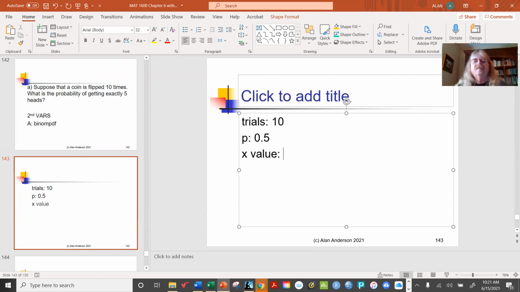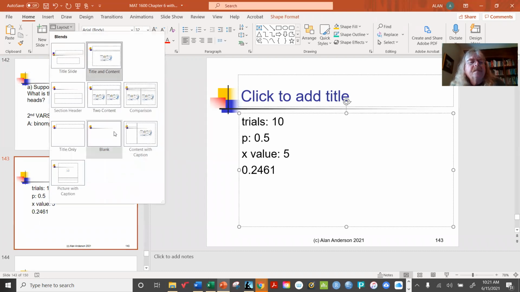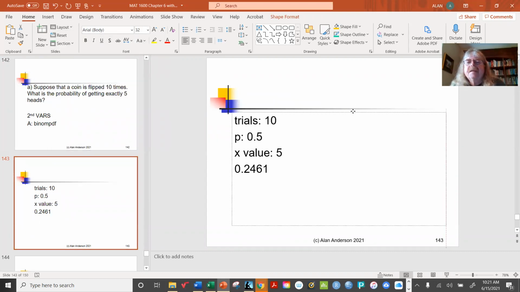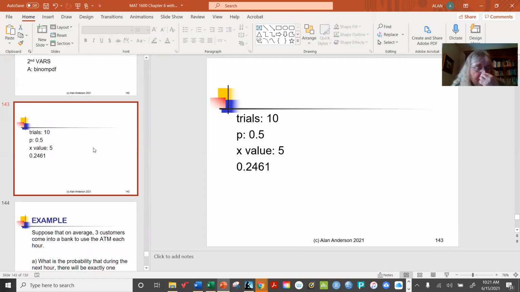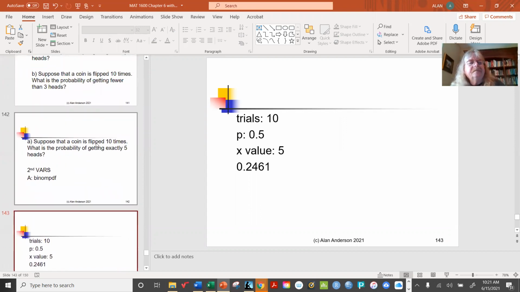And the X value is 5. So you calculate those results, and it comes up to approximately, let's say, 0.2461. I'm rounding it to 4 places. So this is exactly what we did yesterday. All right, no problem. But now, what about part B?